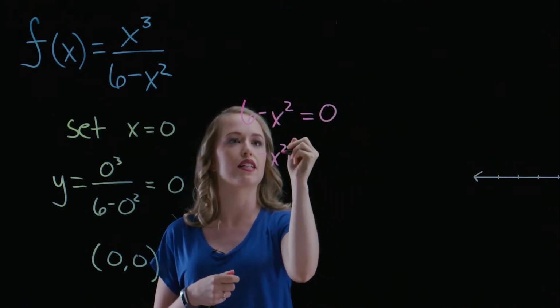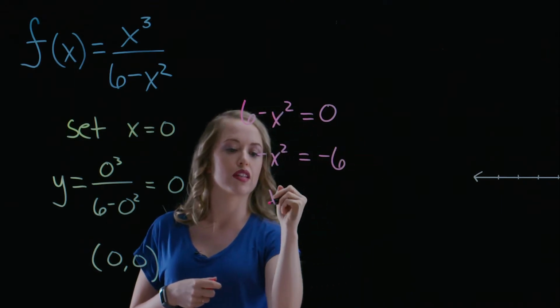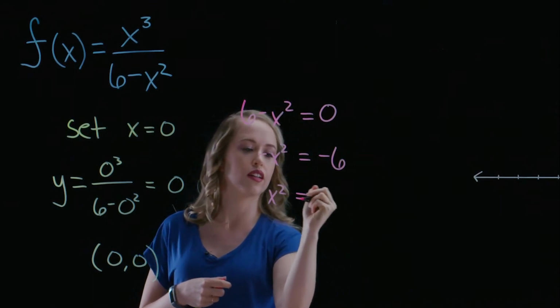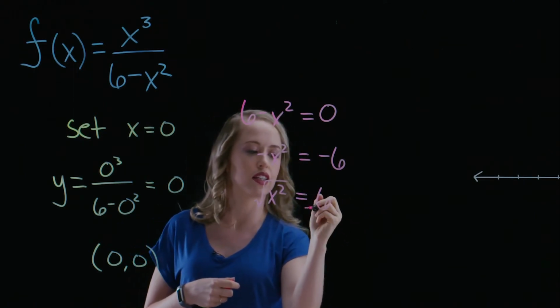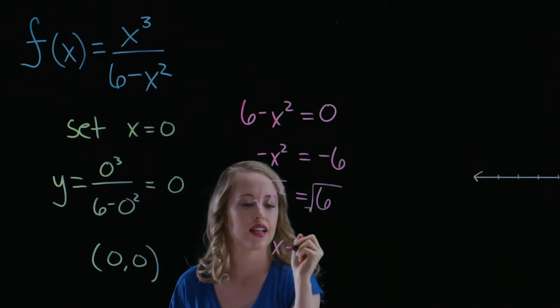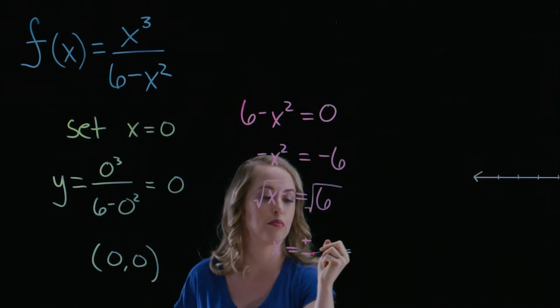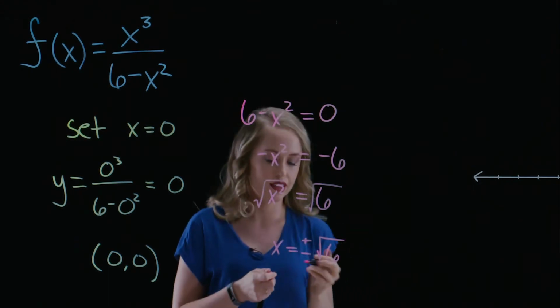I'll subtract 6 from both sides, divide both sides by a -1 to make those signs easier for me, and then I'll simply take the square root of both sides. I get x is equal to plus or minus the square root of 6.